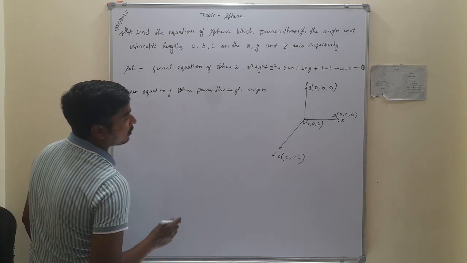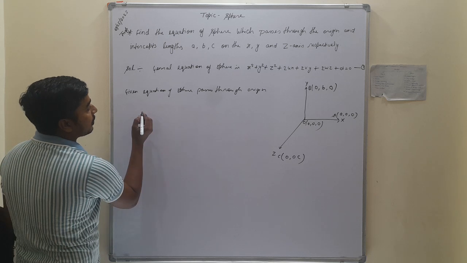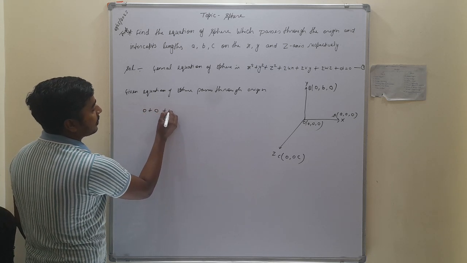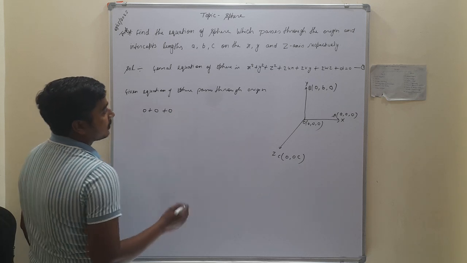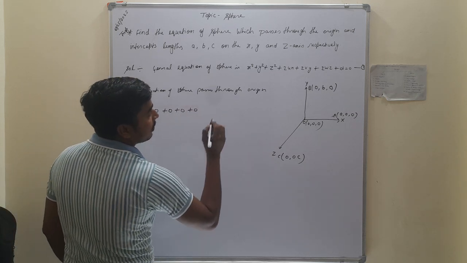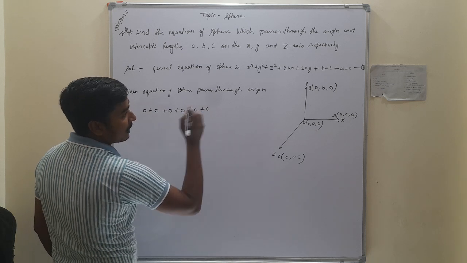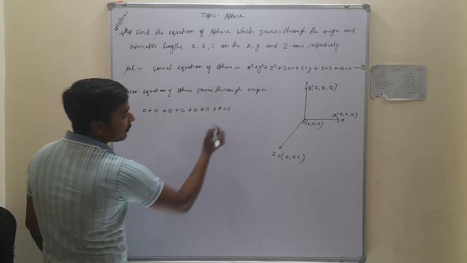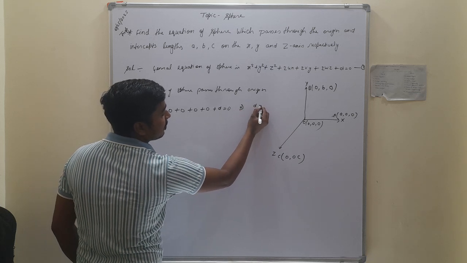So 0 plus 0 plus 0 plus 2ux is also 0, 2vy is also 0 and 2wz is also 0. Then the remaining term is d equal to 0, and from here we get d equal to 0.